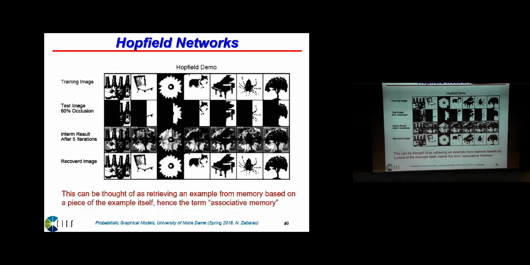So in this Hopfield network, basically, what you do is you provide a lot of training images. You train the system, so you learn all the parameters in the system, and then you provide the same training examples but with lots of pixels missing. It's like your brain doesn't remember everything. I look at a given person and I say, what is his name?